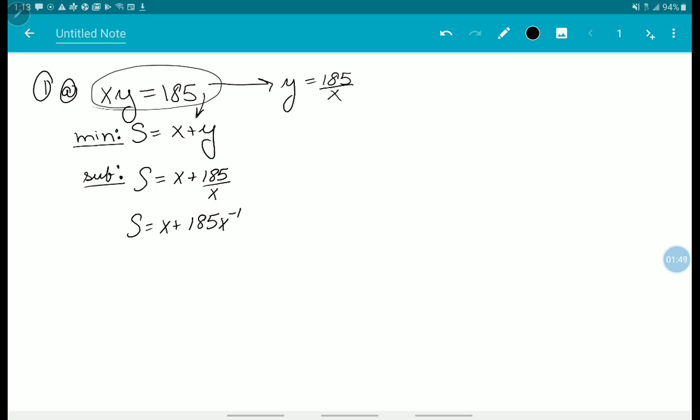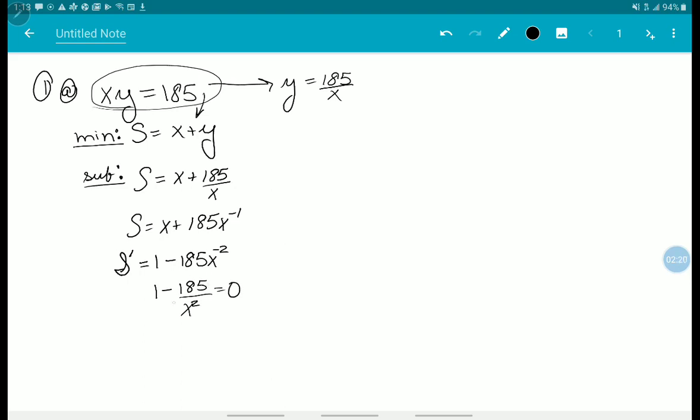Now, anytime we want to minimize or maximize, those are keywords to let us know we need to take a derivative. So if we take the derivative of s, and I'm going to use that notation. Now we have the derivative, and we need to set this derivative equal to 0 and find critical numbers.